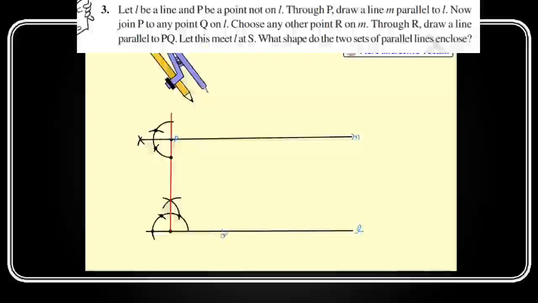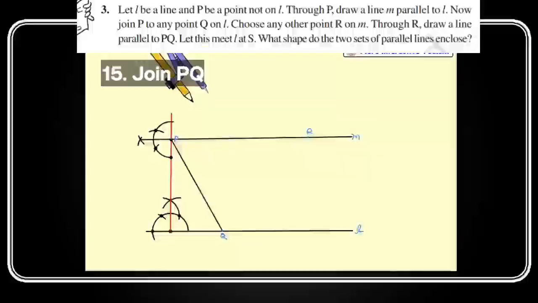They are saying join P to any point Q on L. I have chosen Q on the line L and I have joined P and Q to make a line. Choose any other point R on M. Through R, we have to draw a line parallel to PQ.